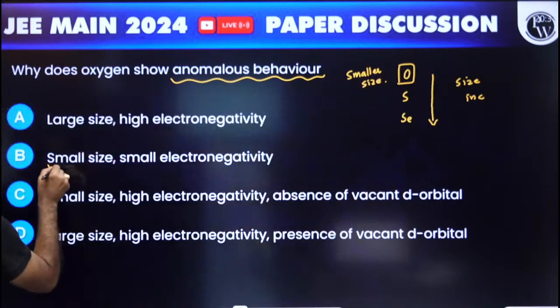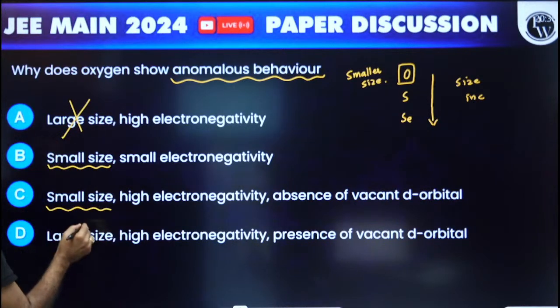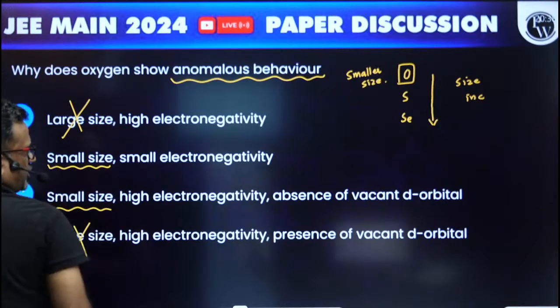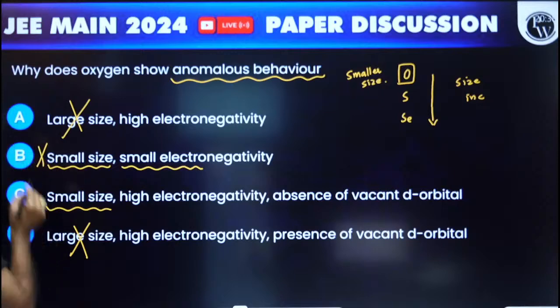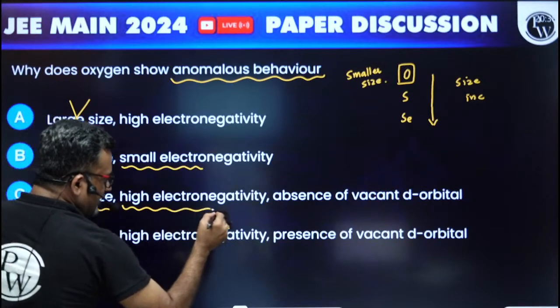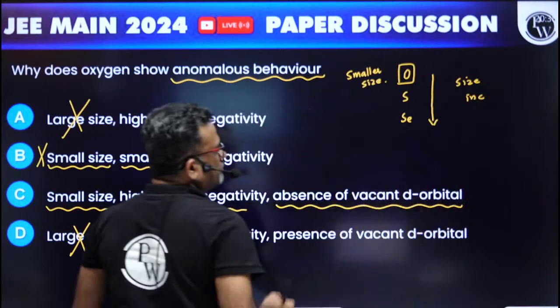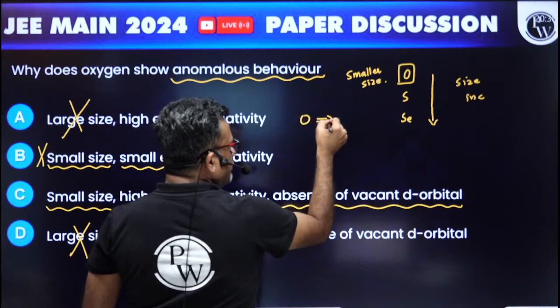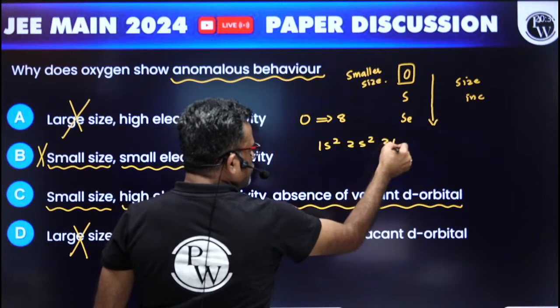So therefore oxygen's abnormal character is due to smaller size and not due to larger size. Because of the smaller size, it cannot have small electronegativity, so this is also wrong. With smaller size, it should have high electronegativity, and it has not got any d orbital. Oxygen, atomic number being 8, has the configuration 1s2, 2s2, 2p4.